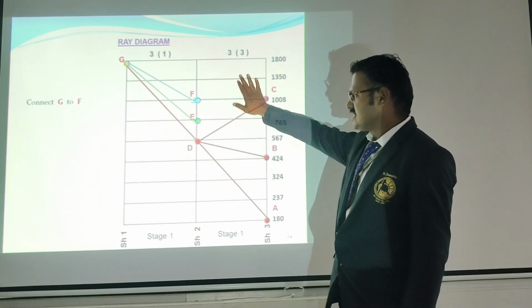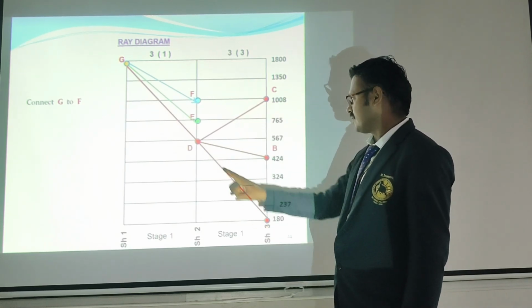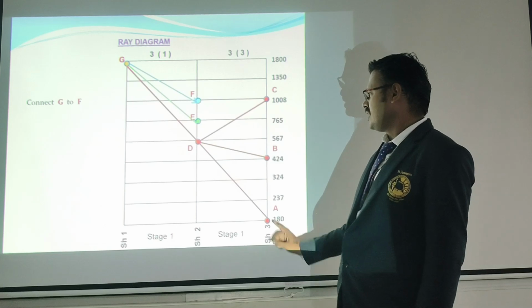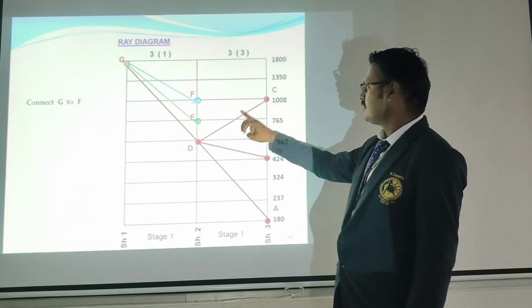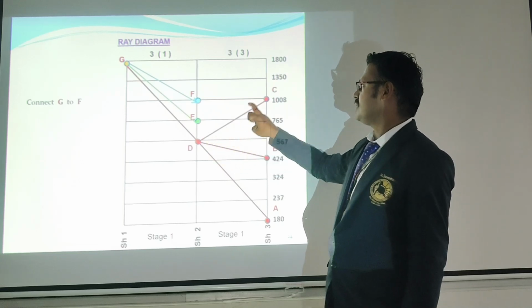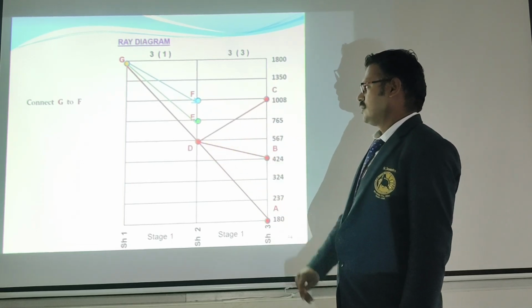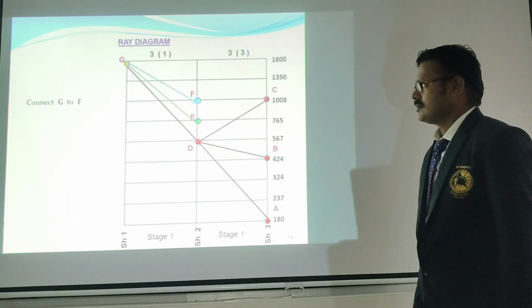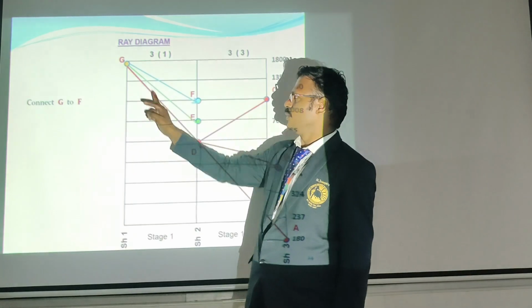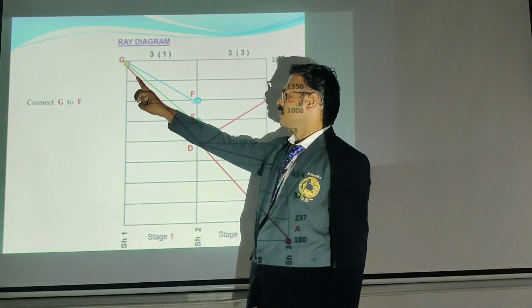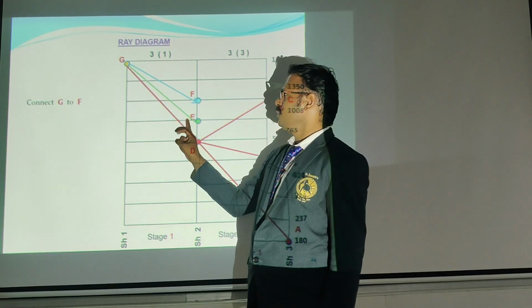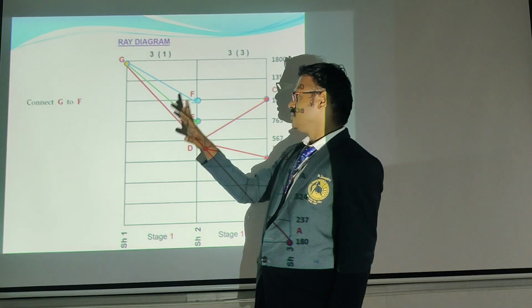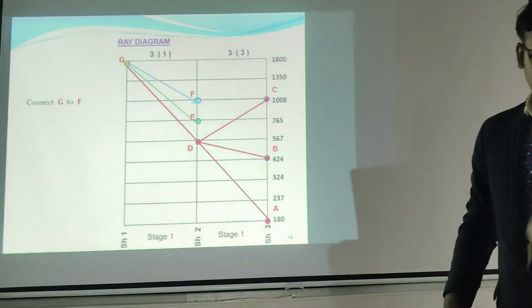It is in second stage, the first pair is 567 to 180. The second pair will be 567 to 424. Then the third pair will be 567 to 1008.